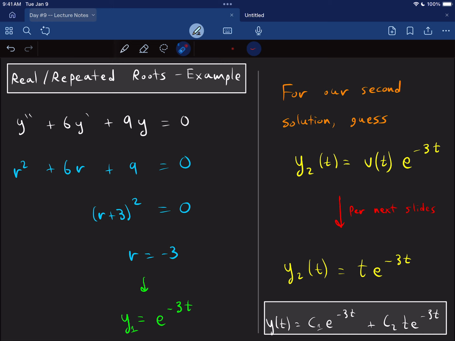Generally speaking, if you had a repeated root, say I had a higher order differential equation, like a fifth order, and you had r plus 3 to the fifth, your solution would just be e to the negative 3t plus t e to the negative 3t plus t squared e to the negative 3t plus t cubed e to the negative 3t, t to the fourth.